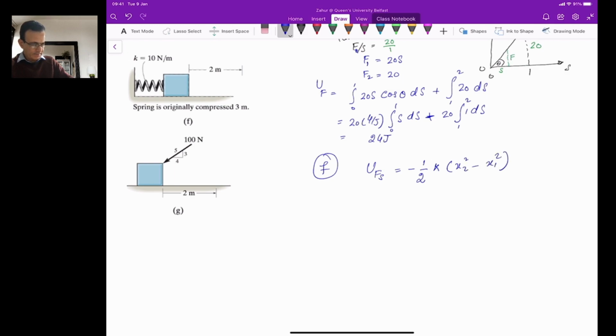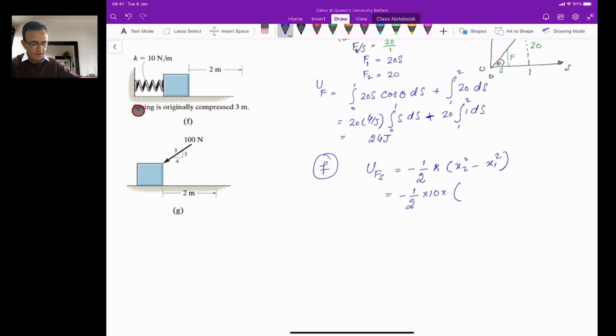x2 square minus x1 square here. So now in case of this spring here, k is given, which is 10, and x2 here is given. So x2 is when the spring was moved by 2 meter.